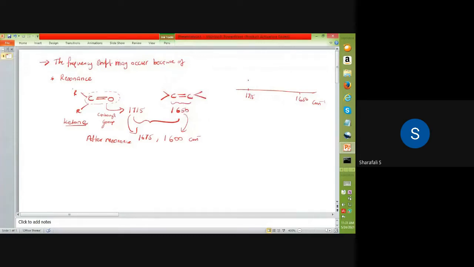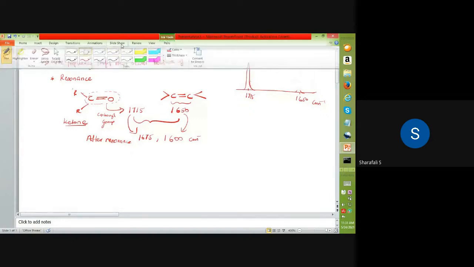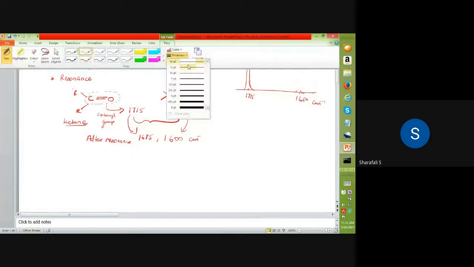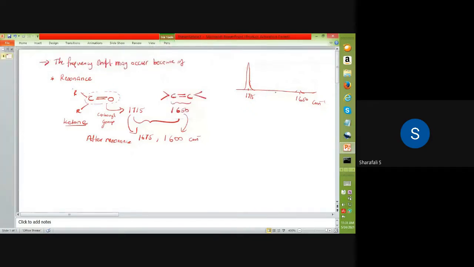If you consider these two bands, you have to get peaks at those positions. Maybe the intensity of the C double bond C band is small.